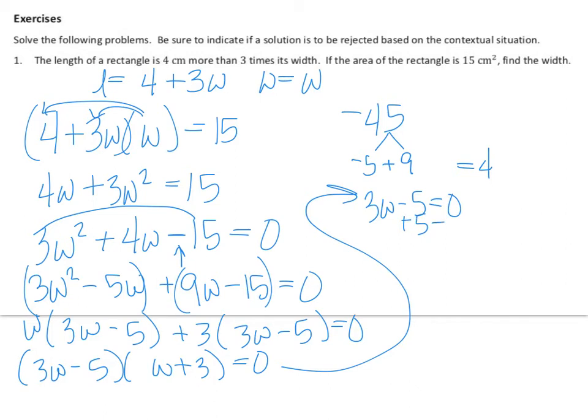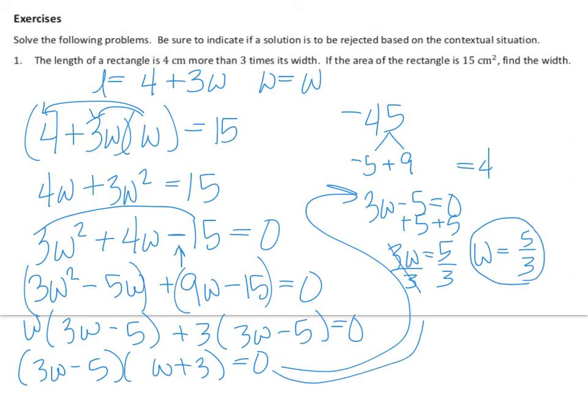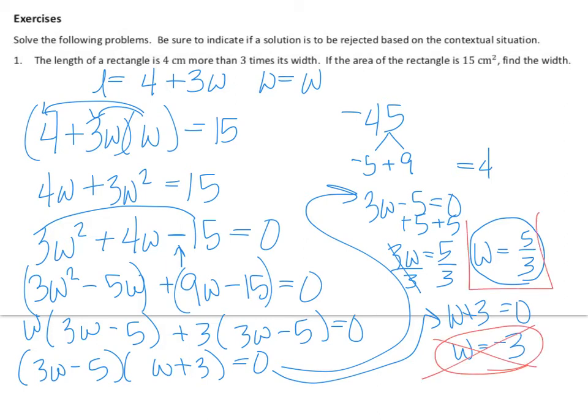Add 5 to both sides. 3w equals 5. w equals 5/3. And the other one, I've got w plus 3 equals 0, w equals -3, which we all know is not possible. This right here is my only answer. That's my width, 5/3.